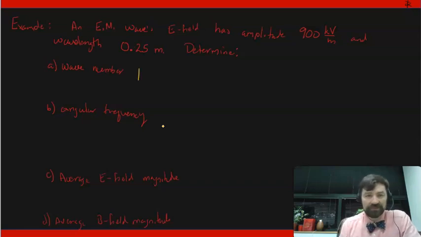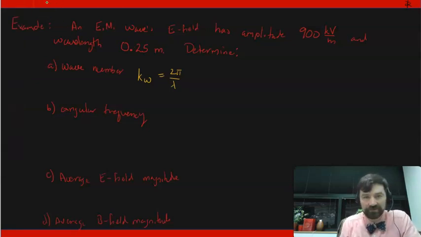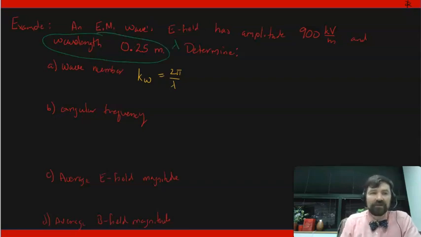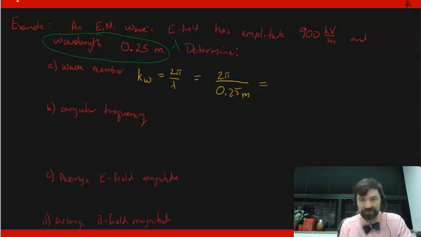Well, we know that the wave number k is given by 2 pi divided by lambda, where lambda is the wavelength. Therefore, the wave number is 2 pi divided by 0.25 meters, and therefore what we have is 8.0 pi inverse meters.